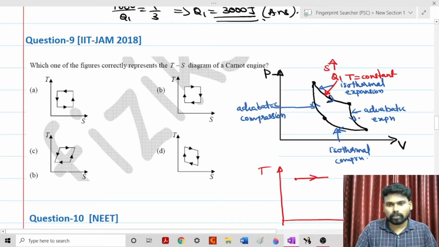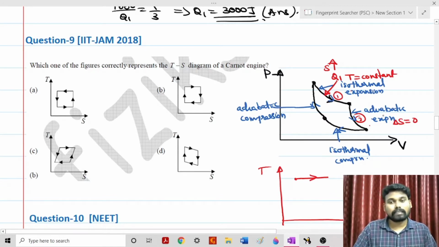And this is the second process, an adiabatic expansion. So there is no change in the entropy. Entropy change is 0. Entropy is a constant, so the line should be vertical in this graph. What happens to temperature? Should it go upward or downward?